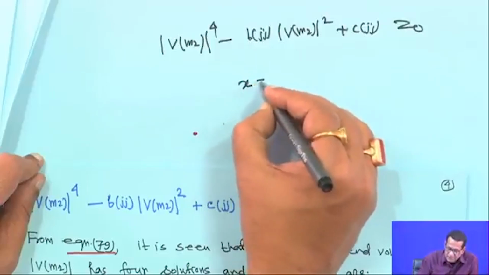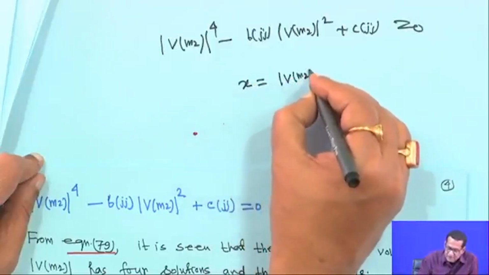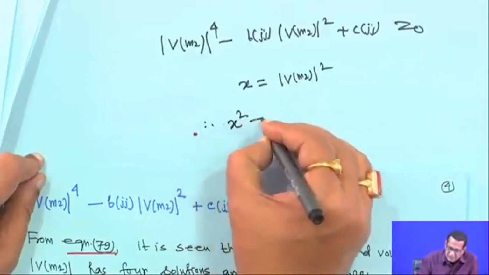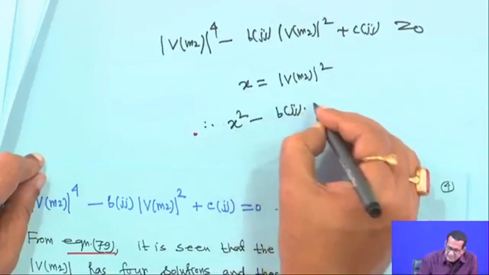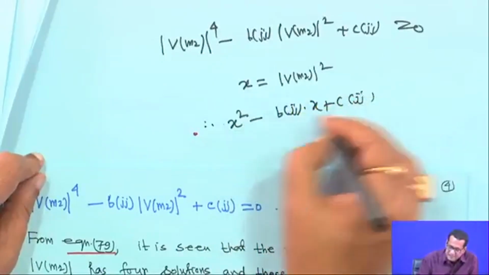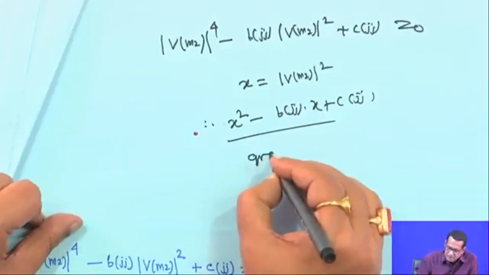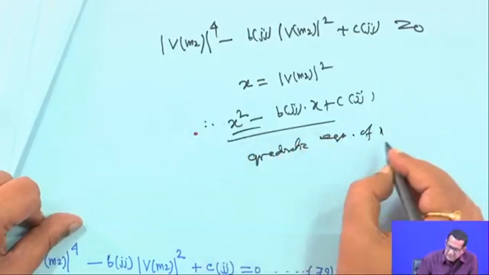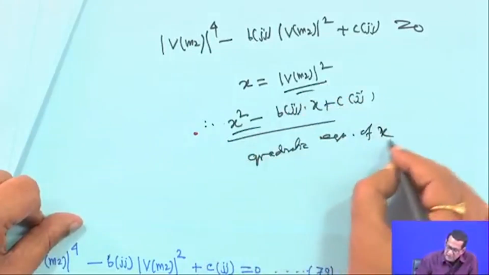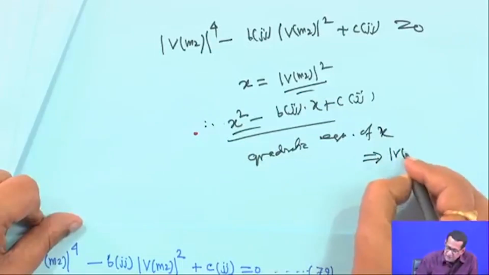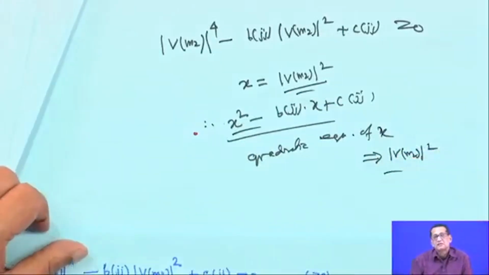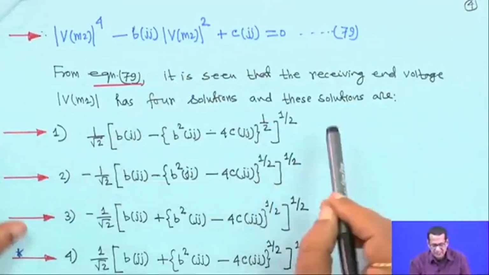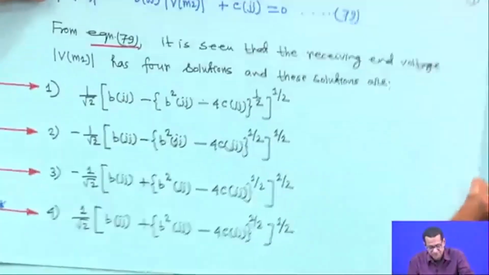For example, if you assume x is equal to Vm2 square, then Vm to the power 4 can be written as x square minus Bjj into x plus Cjj. So it is a quadratic equation of x, but x is equal to Vm2 square, so it is a quadratic equation of Vm2 square. If you solve this equation, you will get 4 different roots.